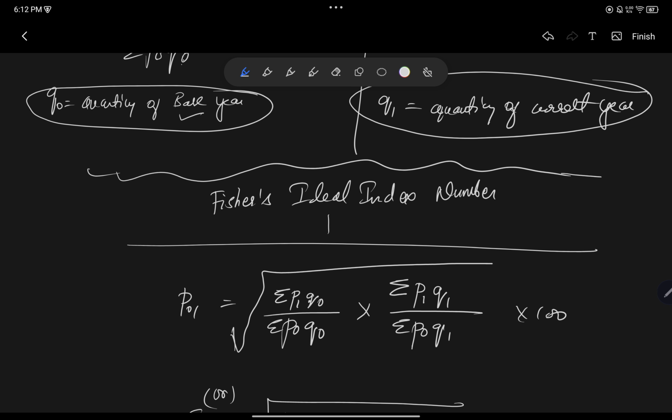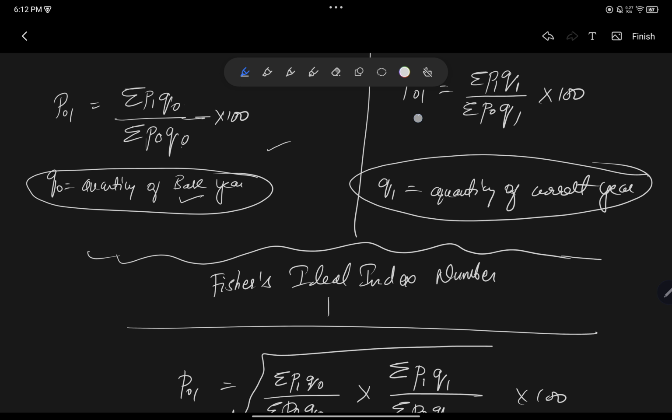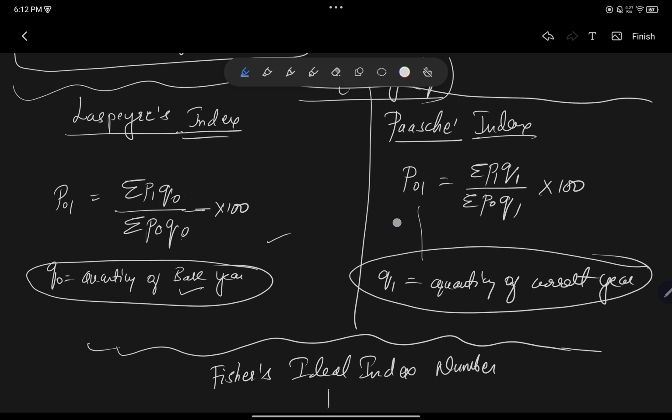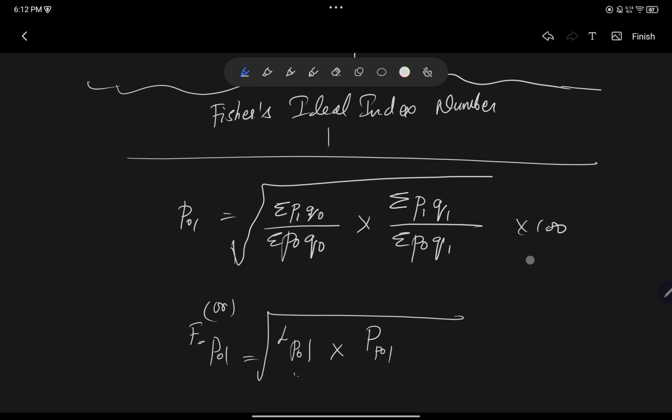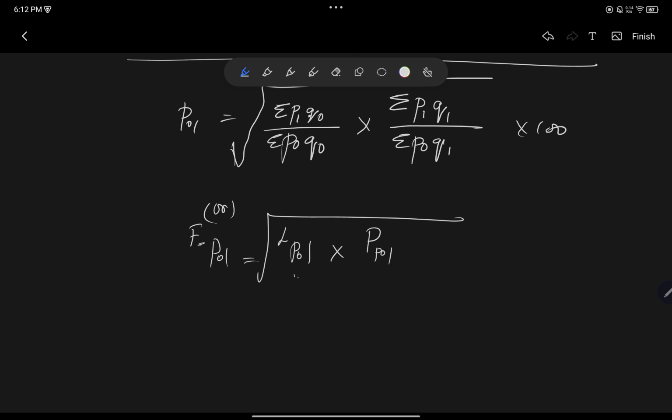You can calculate Laspeyres P01 separately, you will get some number, and you can multiply that with Paasche's index number. You will get one number, and you just need to find the square root of that. That is how Fisher gave a formula. Okay, we have got Fisher's ideal index formula.